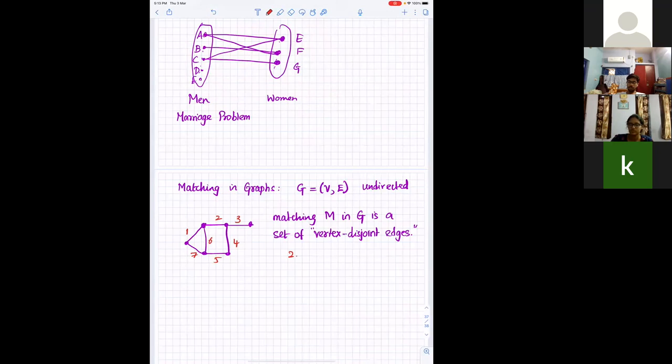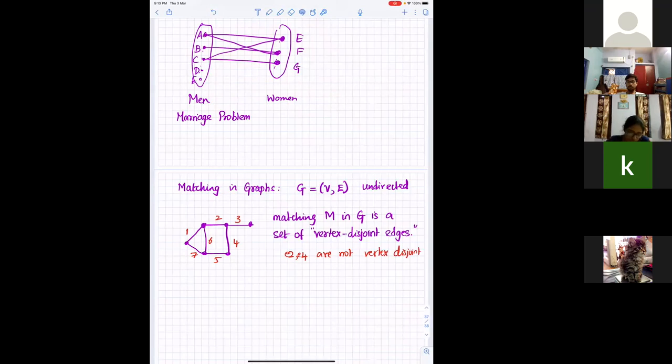E2 and E4 are not vertex disjoint. Why is that? They share a vertex. This vertex is shared by both E2 and E4. Whereas E1 and E3 are vertex disjoint.